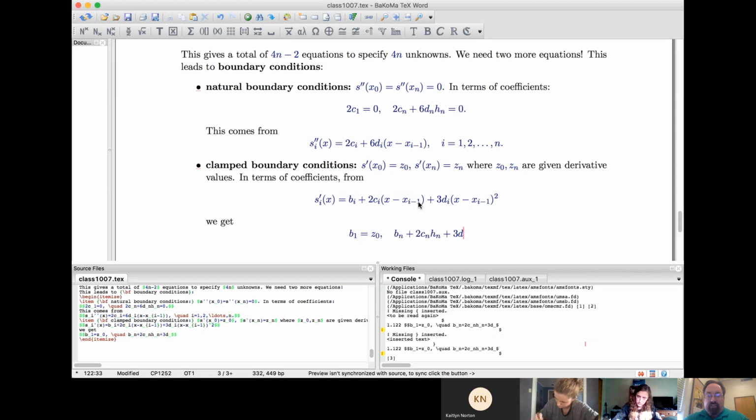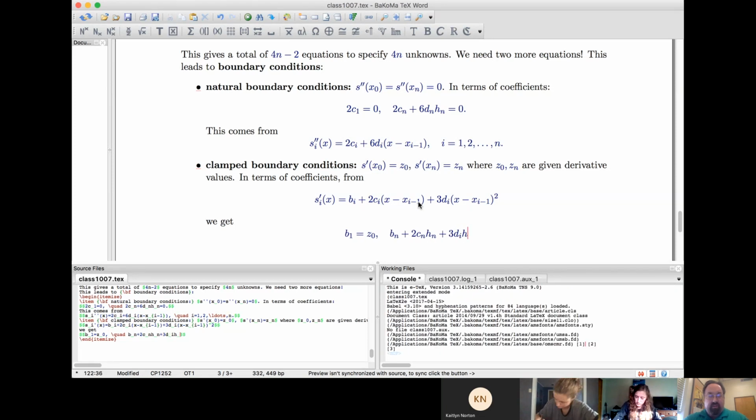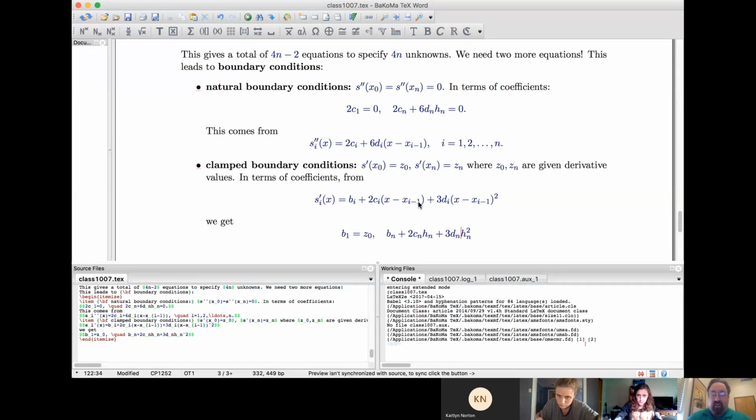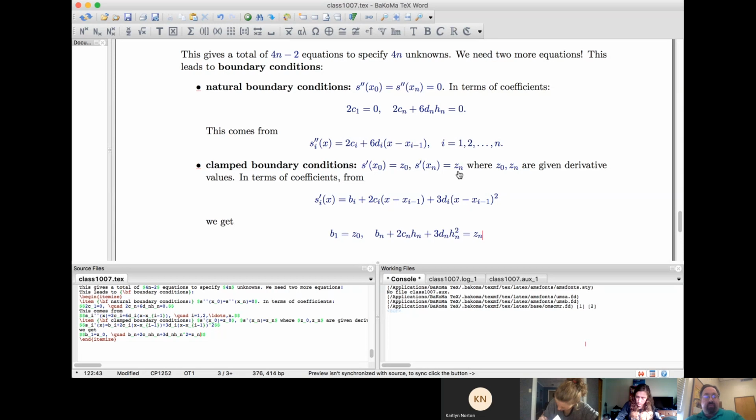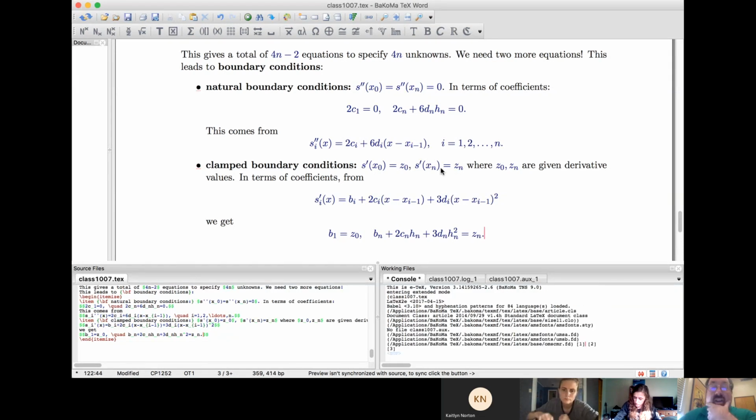And then similarly for the last term, that should be dn times hn squared. And that has to be equal to whatever value is prescribed here. So choosing boundary conditions like these gives you a full set of equations: 4n unknowns, 4n equations.